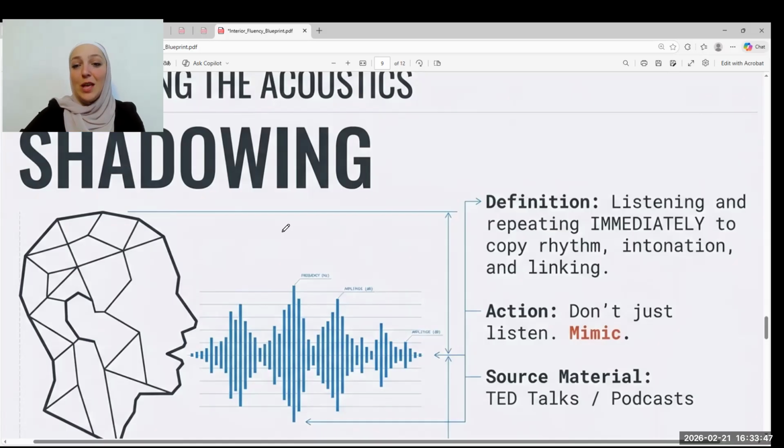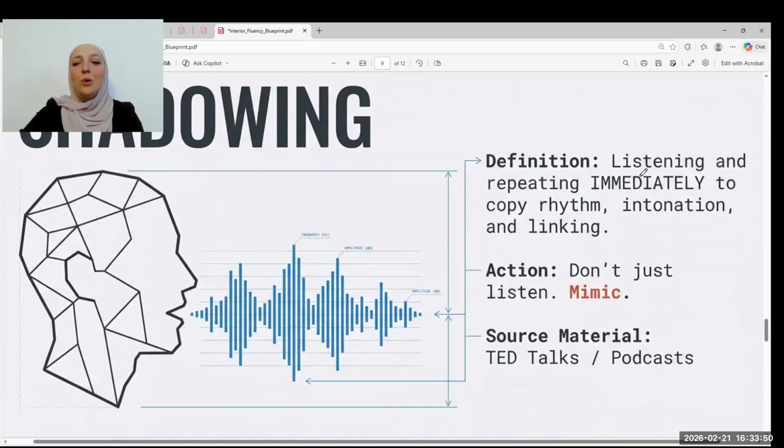I love those sources. I really love them. Pay attention to them. So listening and repeating immediately to copy rhythm, intonation, and linking. So this is what I mean by shadowing. Mainly we actually do it with songs. Whenever a song is on, while the singer is singing, we sing along with them. But you can do it without singing, of course. You can do it with anyone who's speaking.